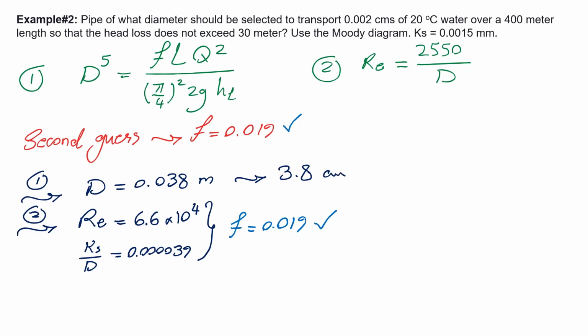There is no pipe size 3.8 centimeters, so you need to round it up, and the next larger available pipe size would be 4 centimeters. So the pipe size that you will select and you will recommend would be a 4 centimeter pipe, and this would be your designed pipe size.